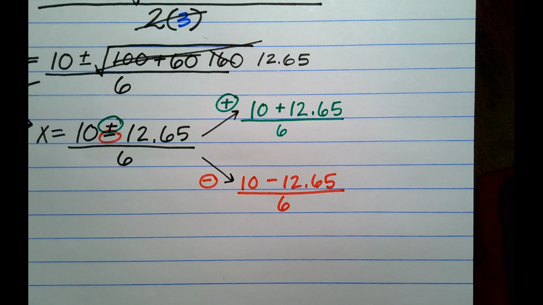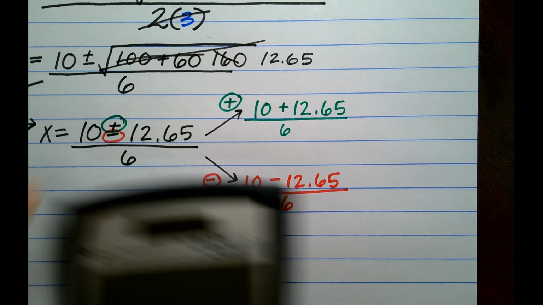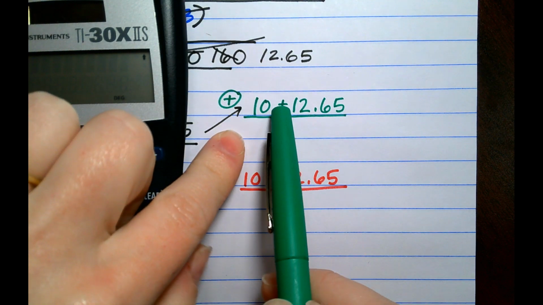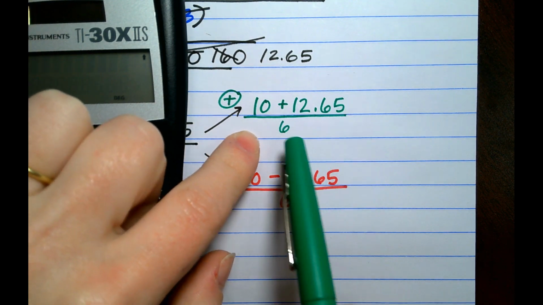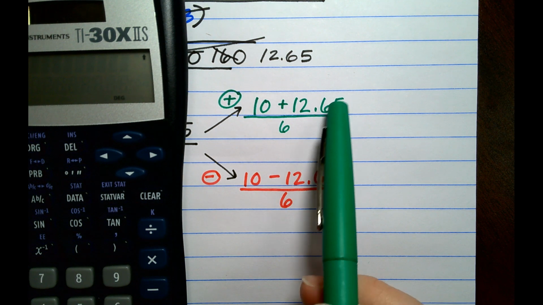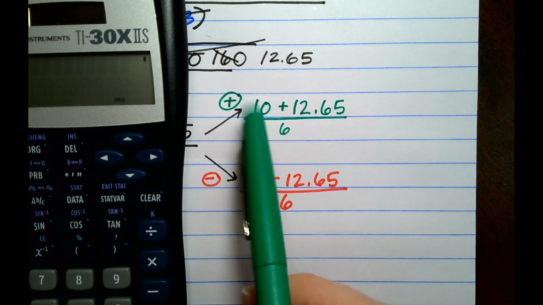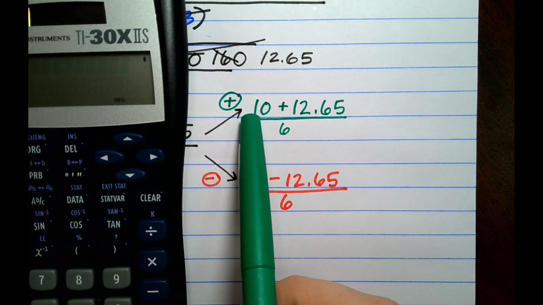Calculators will not just do things the way you type them in. They're going to use the order of operations, which is kind of annoying sometimes. Your calculator is going to do 12.65 divided by 6 first, and then add the 10 at the end, giving you an incorrect answer.